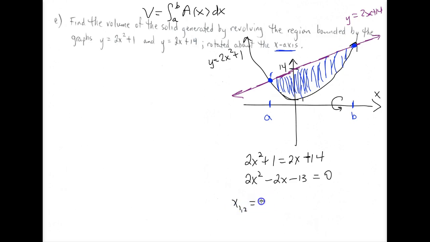That'll be negative b, which is negative 2, plus or minus the square root of b squared, again negative 2 squared, minus 4ac, where a is 2 and c is negative 13. And all of that will be divided by 2a, and a is 2.